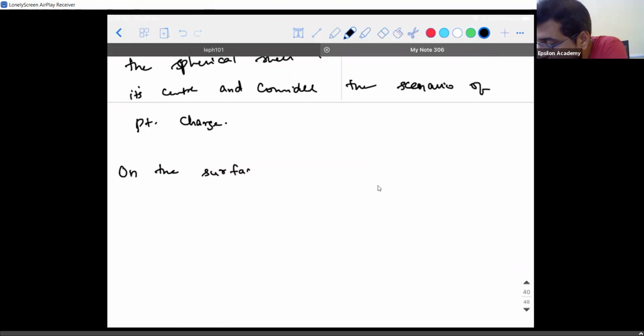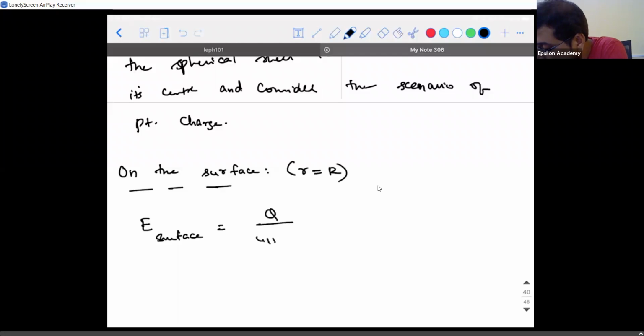On the surface. Right? When I say on the surface, small r will be equal to capital R. Simple. So electric field on surface will be like this: Q divided by 4 pi epsilon naught capital R square.